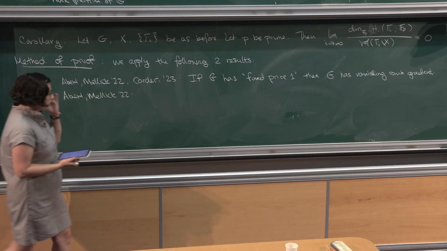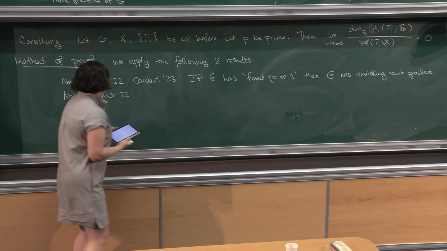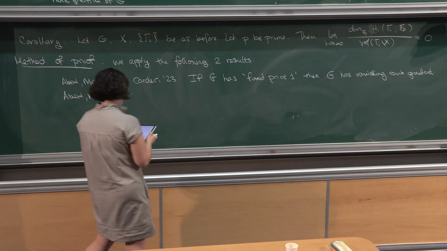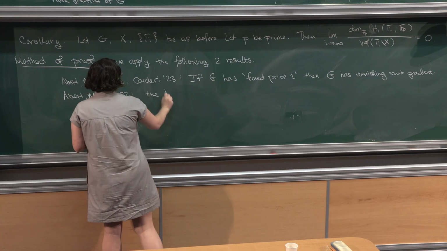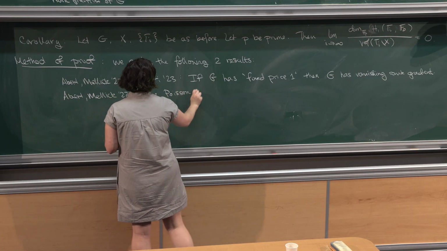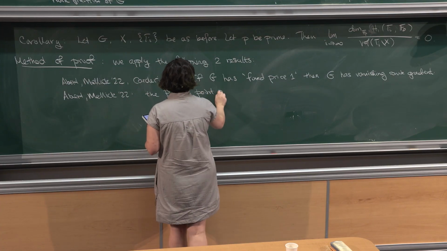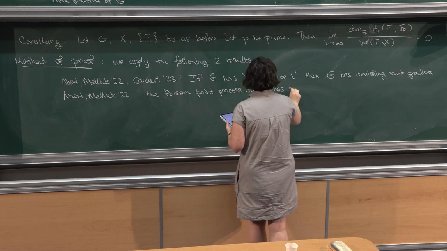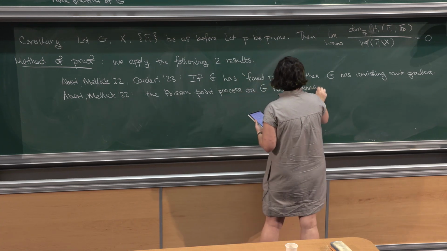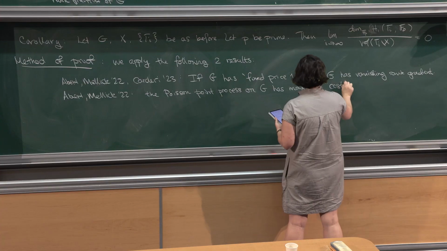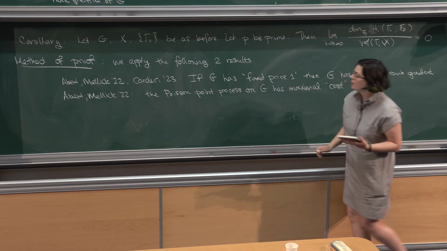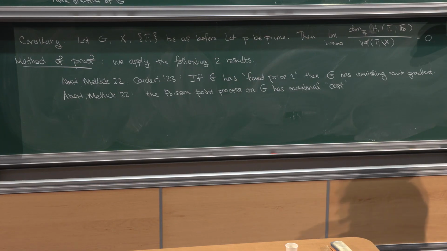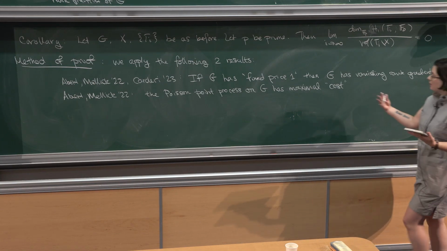And the way we do this, also due to a result of Mikolaj and Sam in the same paper, is we use the Poisson point process. Okay, so they prove a theorem stating that the Poisson point process on G has maximal cost, whatever this is.